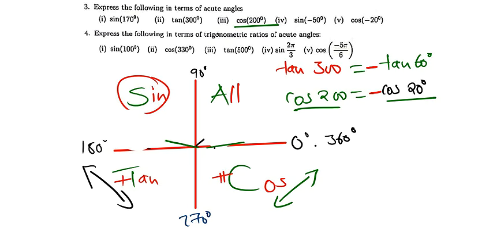Okay, now we've been given some examples of negative angles. Now we understand that angles in the quadrants move anti-clockwise. So if we move in a clockwise direction like this, it means it's going to be negative.